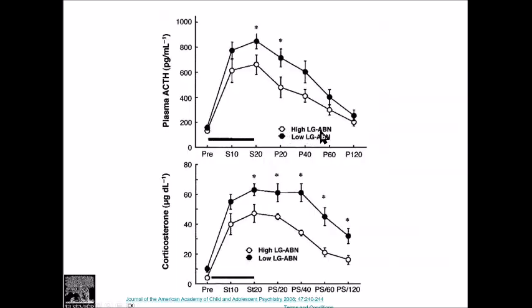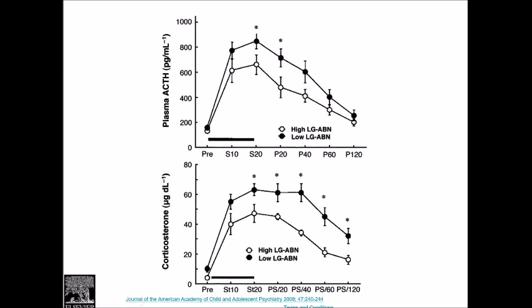Rats who get lots of licking, and the moms arch their backs, have a moderate response to stress. These are the open circles. They see that the ACTH and cortisone is only moderately increased when there's a stressor, a loud noise in the cage. In contrast, the rats that did not get licking and grooming tend to have an exaggerated response.